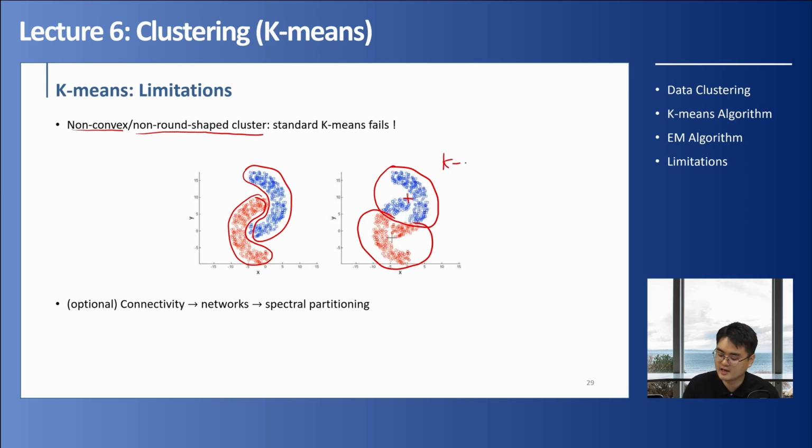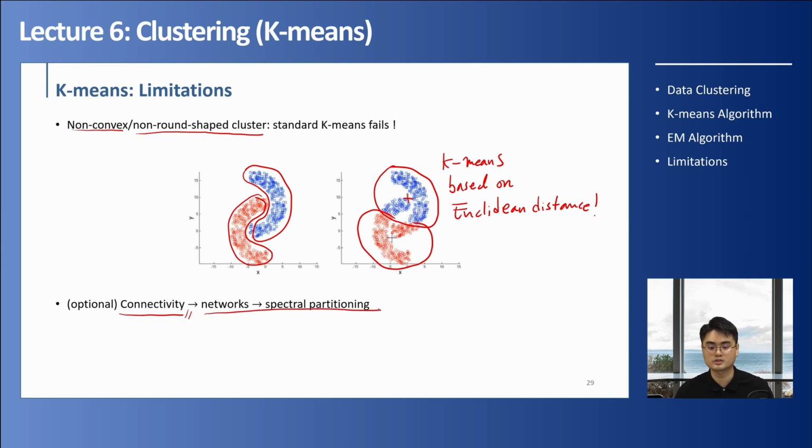This is because k-means is based on Euclidean distance, so it has less information when we have a non-convex shape. What we actually need to provide in this clustering is connectivity. Then, these networks or spectral partitioning could help us do clustering when we have non-convex shapes.